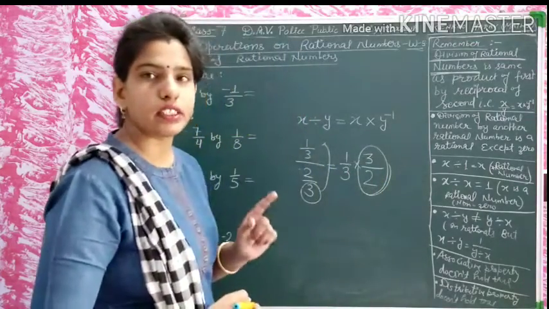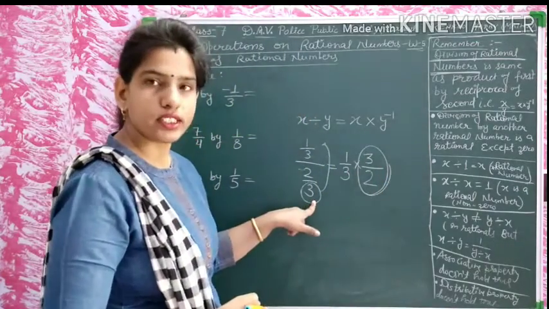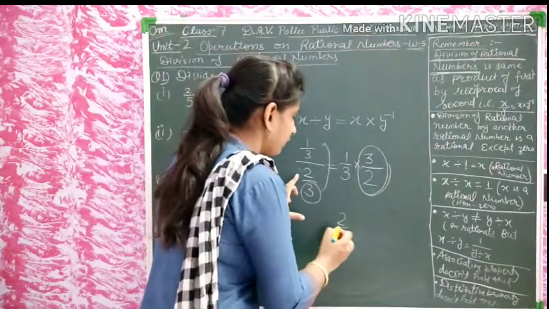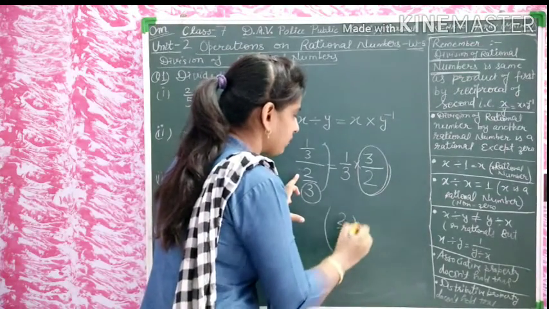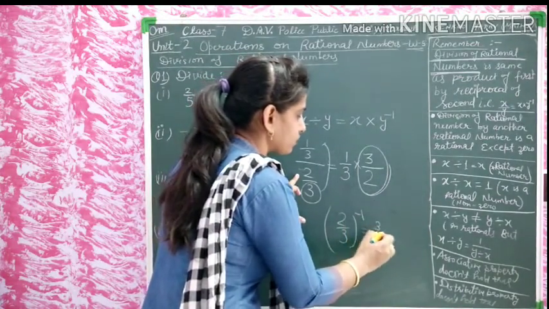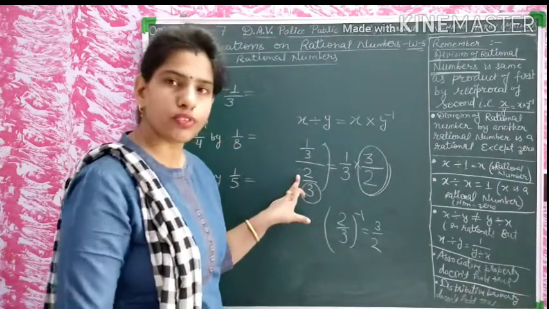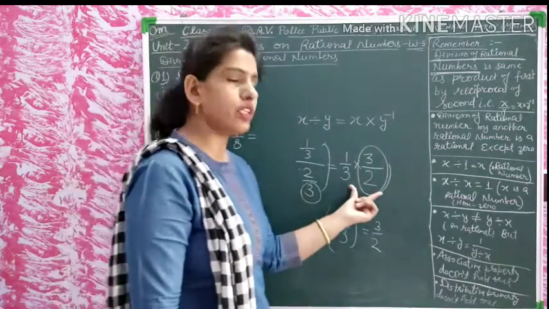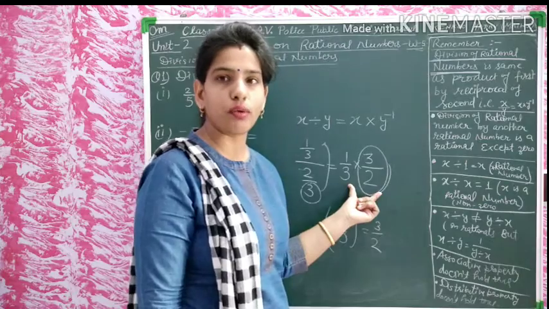This is the reciprocal of y. You are seeing the number 2 by 3, and the reciprocal of this number is 3 by 2. You already know this method.